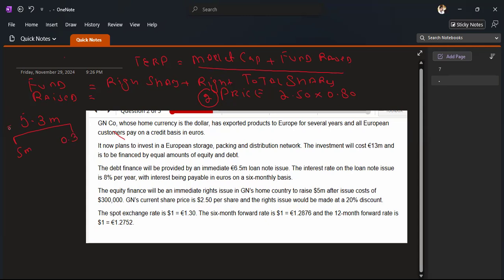So the total is 5.3. If you have to raise 5.3 million and the price per share is 2, how much will you have? 5.3 million divided by 2 is 2.65. That was the answer.